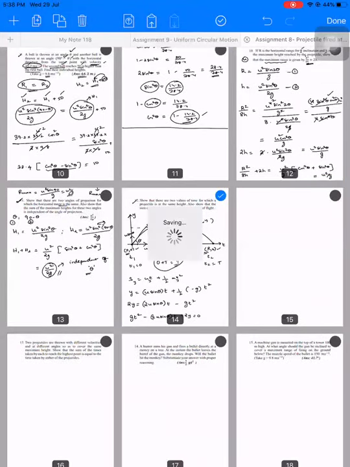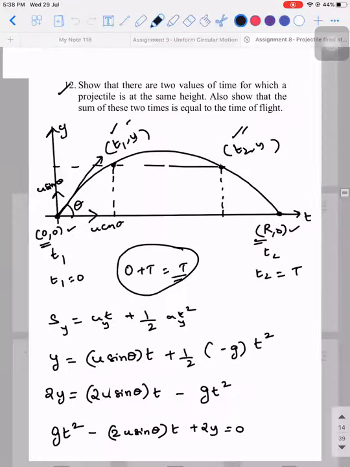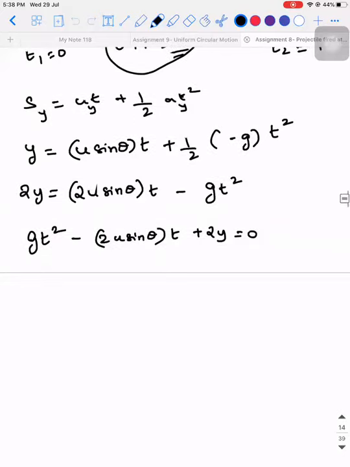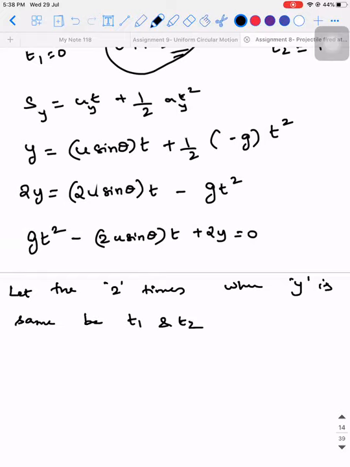Is this not a quadratic equation in t? So what I'm going to do is let the 2 times where y is same be T1 and T2. Okay.